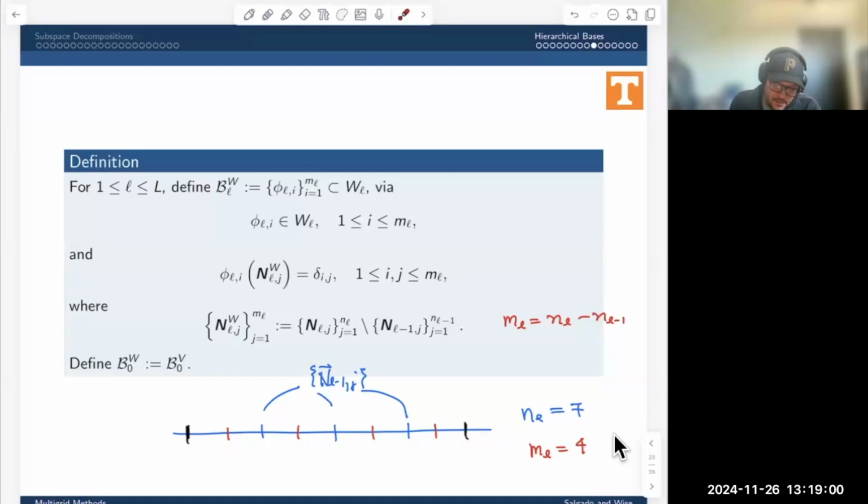The basis elements are the ones where I'm looking at the nodal points from this set, and phi_{L,i} has to be equal to, when I evaluate at those points n_{L,j}^W, delta_ij. So what does this basis look like? Well, there's one. There's another. Nope, that is not one.